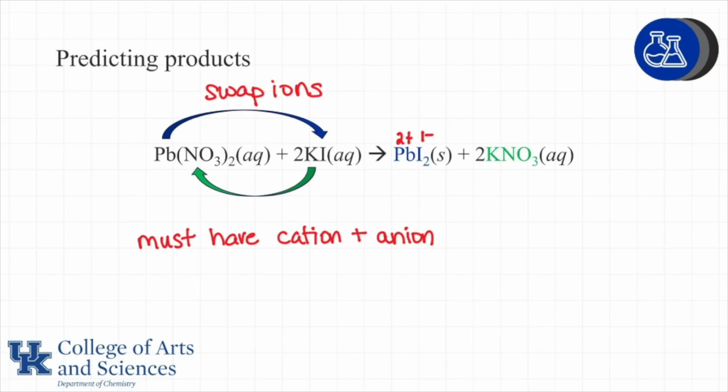Based on our solubility rules, we know that this is an insoluble compound, so it forms a solid when those ions are combined. For KNO3, we have our K, which has a +1 charge, our nitrate, which has a -1 charge, and we crisscross those down to get KNO3. We put a coefficient of 2 in front of that in order to balance the reaction, but the compounds that are formed on the products have to be redetermined every time we're looking at a reaction.